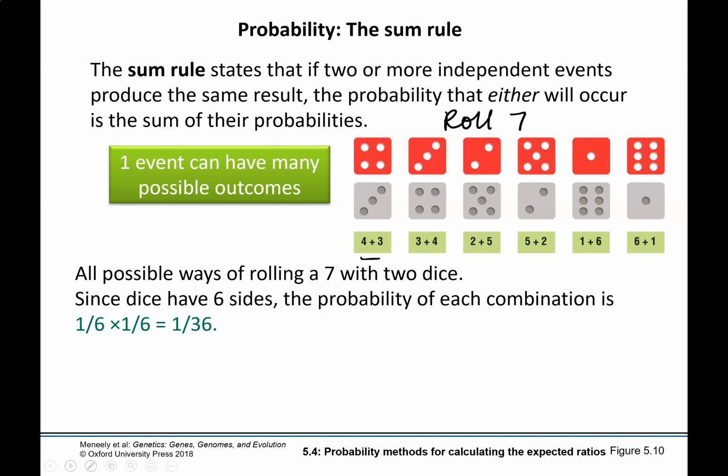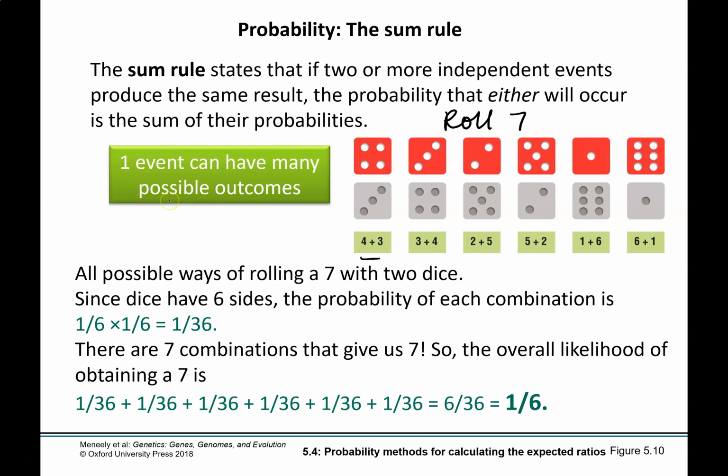So the probability of rolling a 7 in any one of these combinations is 1/36. But we can roll the 7 6 different ways. So this one event, rolling a 7, has 6 possible outcomes. Sorry, there are 6 ways to roll a 7. All right, so to account for all of those outcomes, we need to use the sum rule.